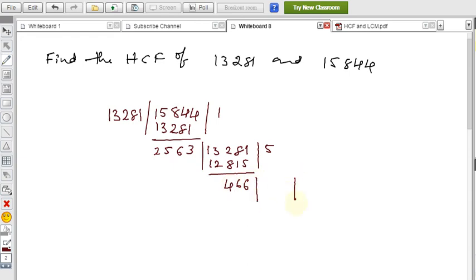Continue the same process. Now what should you write? This 2563 must be written here. You can imagine 400 and this is a 2000 change. So 4 5s is 20, so 405 is 20 hundreds. But it's 466 now, right?